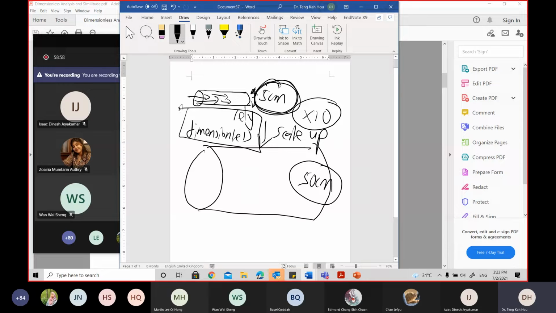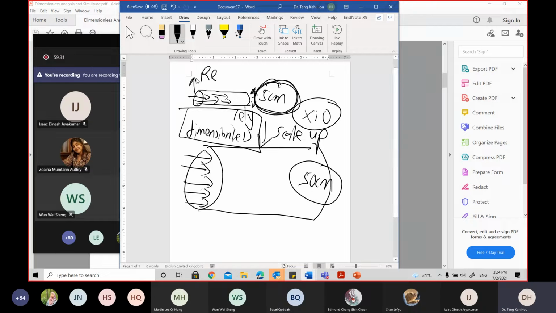I'm going to teach you in detail later. They modify the equation so it can be presented in dimensionless form. So no matter what kind of condition they apply in this scenario, it will be transferable. For example, Reynolds.